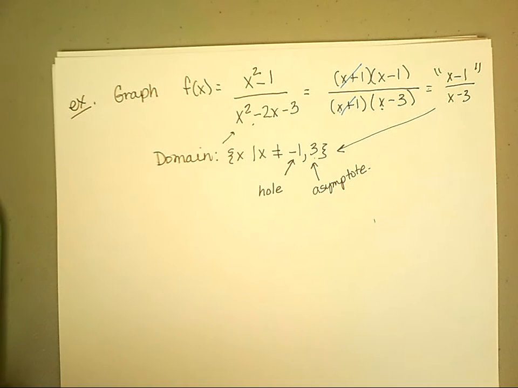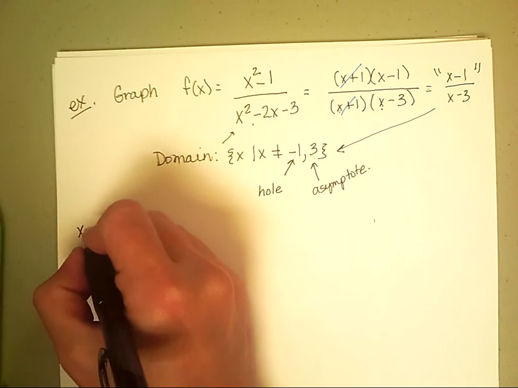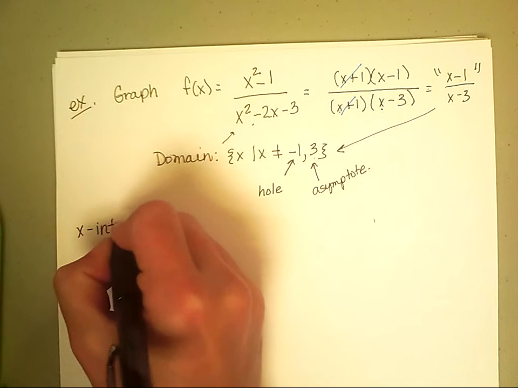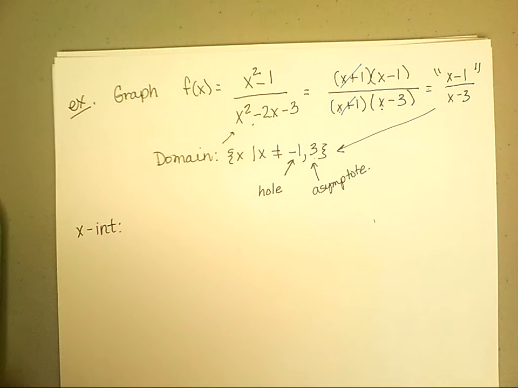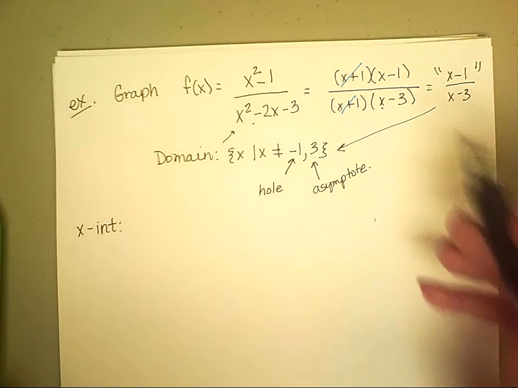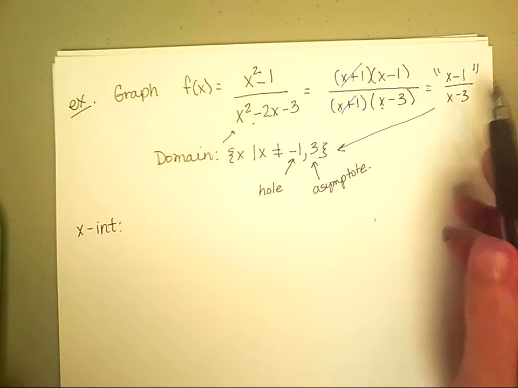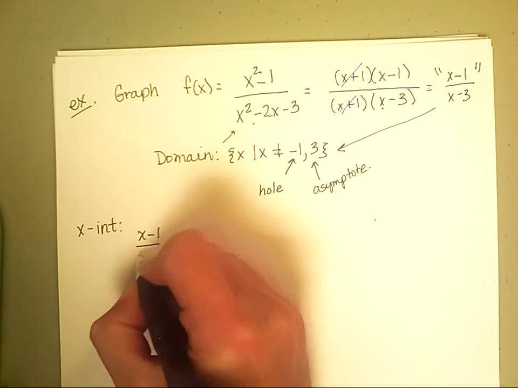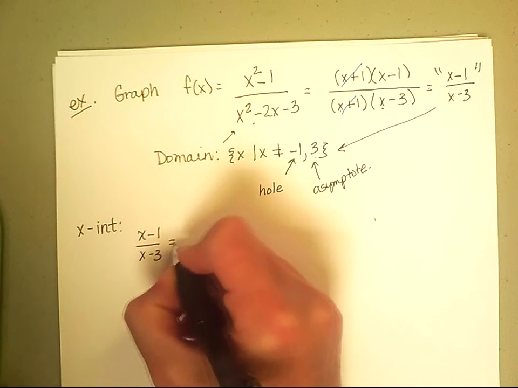Now let's think about the important points that any graph needs. Okay, so we need to know our x-intercepts. Now, it'll be easier to work with the reduced function. So we want to know x minus 1 over x minus 3, this reduced function.